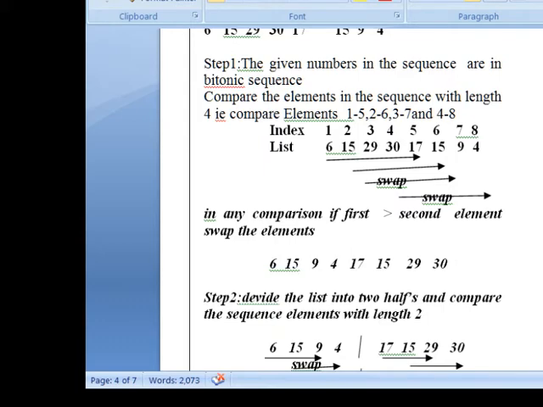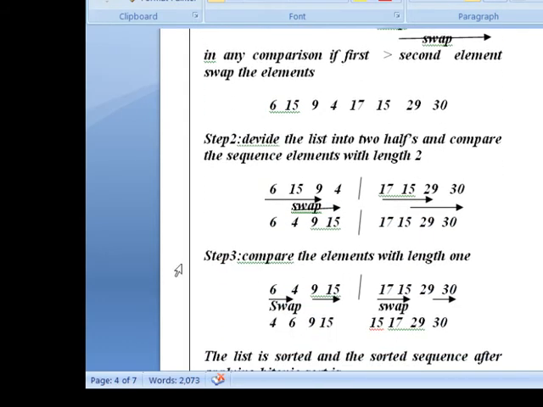Next you go with length 2. Divide the list into 2 halves and compare the sequence of elements with length 2. That means we divide these 8 elements into 2 half cleaners, the first half cleaner and the second half cleaner. In the first half cleaner we again apply length 2: the first and third elements go to the first comparator, and 15 and 4 go to the second comparator.